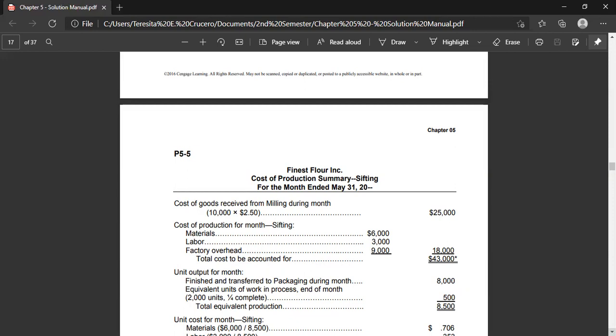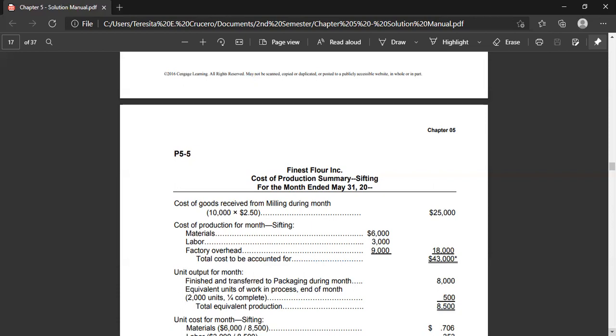So the cost coming from the milling, we get the total that's 43,000. Now for the unit output for the month, finished and transferred to packaging during the month, 9,000.